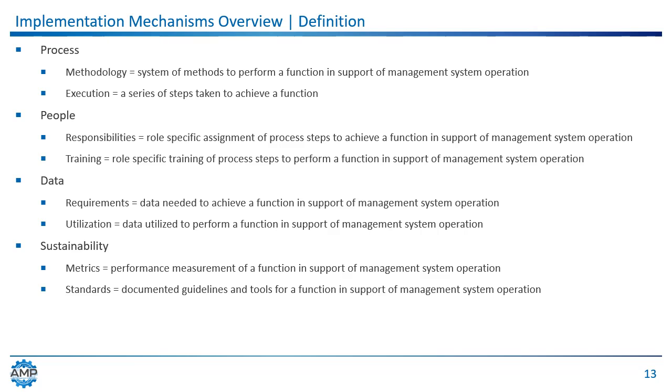How each process is performed is the execution part of the process, the specific actions that are taken to decide if something is an asset, for example. Then the people that are involved with the process or with the function must be informed about the AMP and their role in it. And then these people need to be trained to execute the processes for which they are responsible.